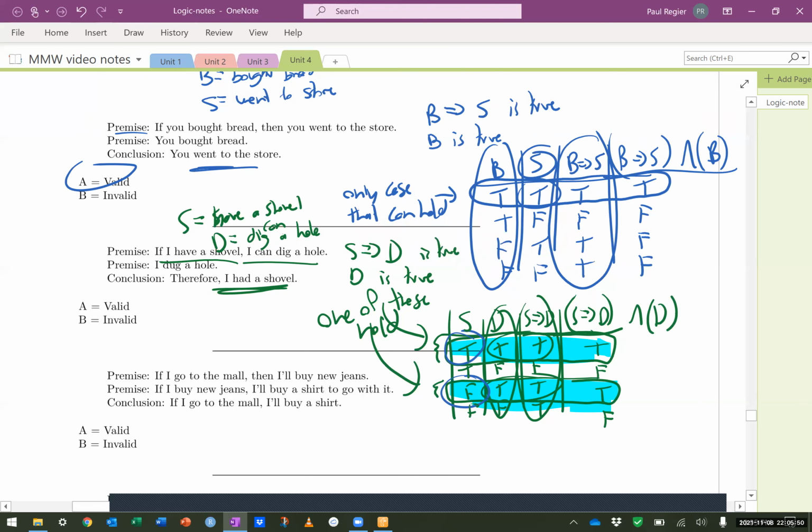So it's possible to have dug a hole in some other way. I could have had a stick and dug a hole with it. And this sequence of truth evaluations shows that it could be invalid. There is a case where it's invalid here. The conclusion is invalid in this statement.